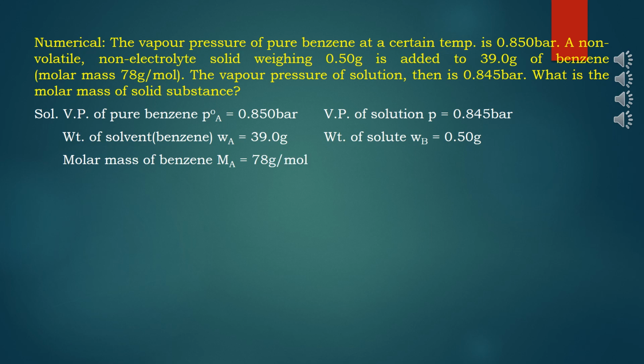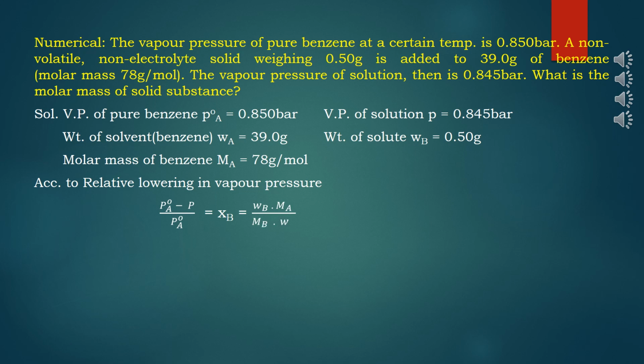So by applying the formula of relative lowering in vapor pressure, that is Pa naught minus P upon Pa naught is equal to Xb, or we can write it as Wb into Ma divided by Mb into Wa, for very dilute solutions, which we have discussed earlier.